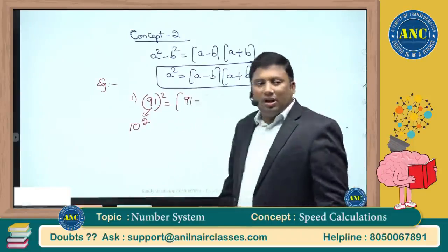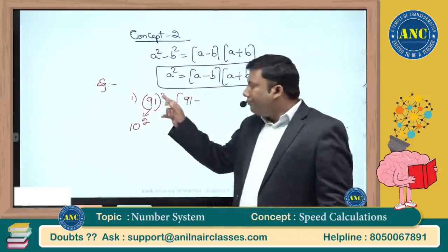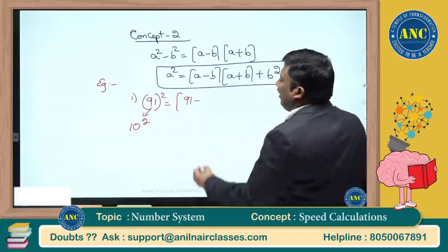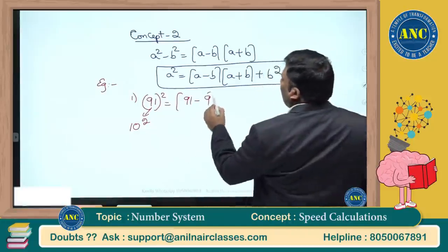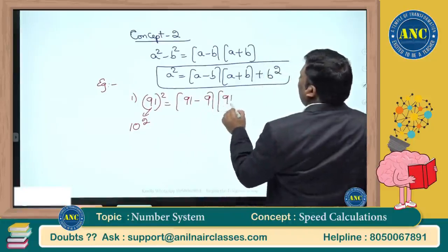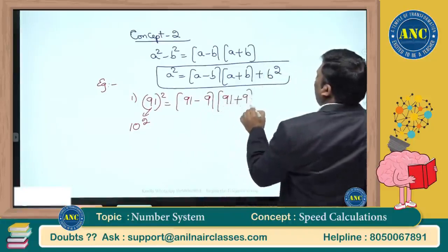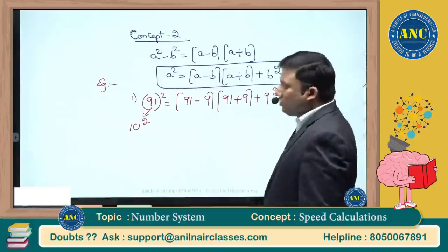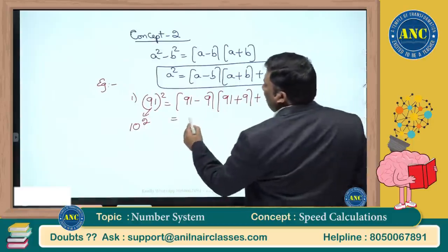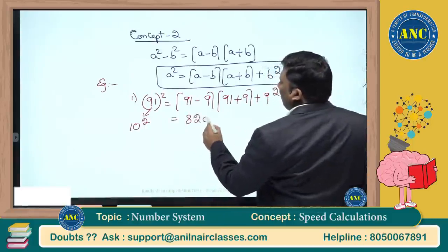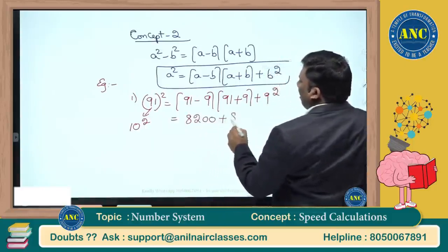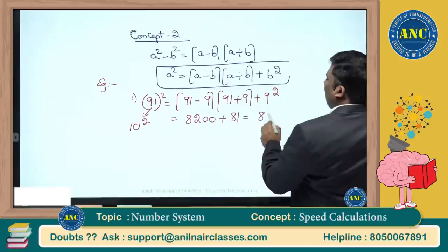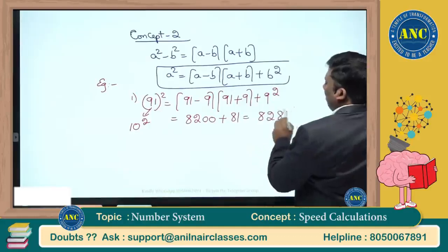B is nothing but the difference between the number and the assumed base, 91 and 100, it is 9. So 91 minus 9 into 91 plus 9, plus 9 square. 91 minus 9 is 82, 91 plus 9 is 100, 9 square is 81. 82, 81.